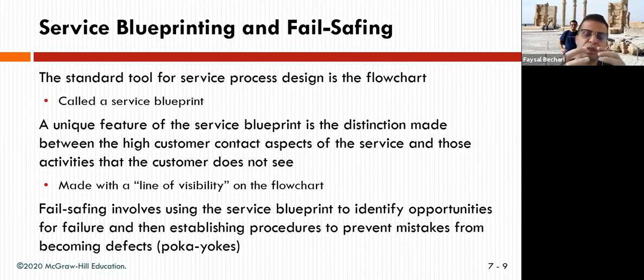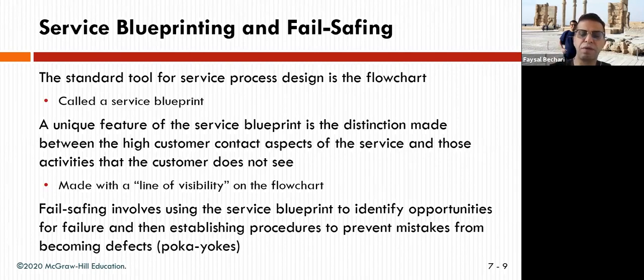Customers usually see the front service, but they don't see the back service that is happening, such as delivering products on time, making orders on time, and bringing things from the warehouse to the back office, where the service provider comes and brings it for you. This is the blueprint, the flow chart of how this is happening.